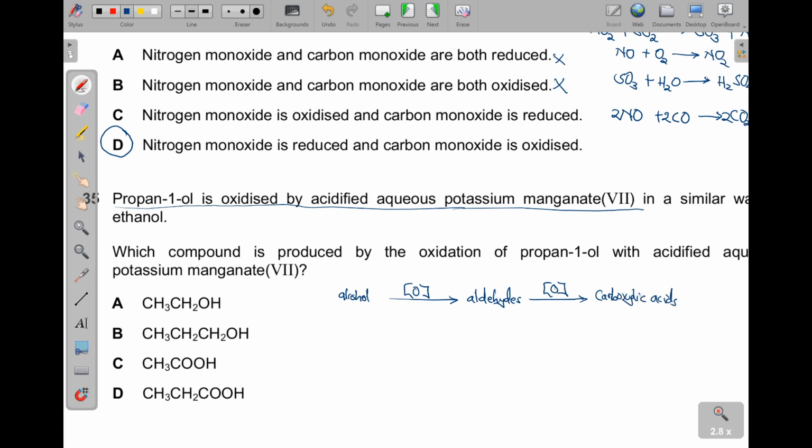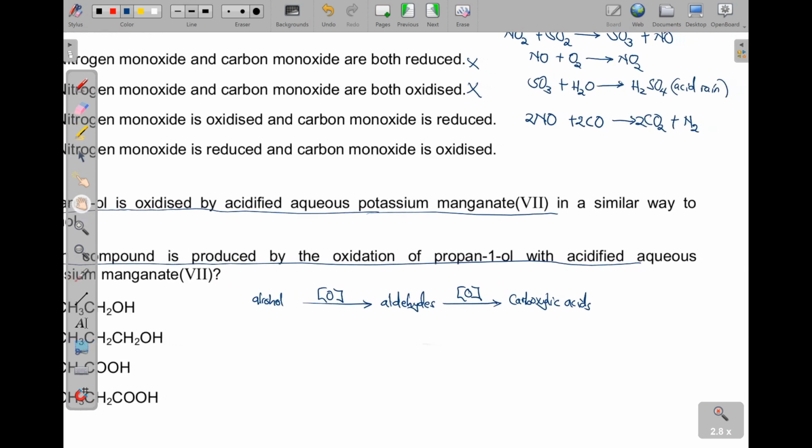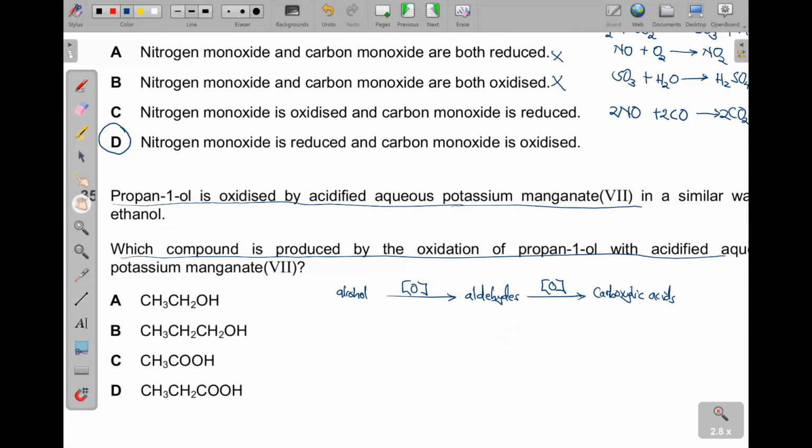Which compound is produced by oxidation of propan-1-ol with acidified aqueous potassium permanganate? Propan-1-ol is CH3CH2CH2OH. It is oxidized to an aldehyde, CH3CH2CHO, and further oxidation takes it to propanoic acid, CH3CH2COOH.